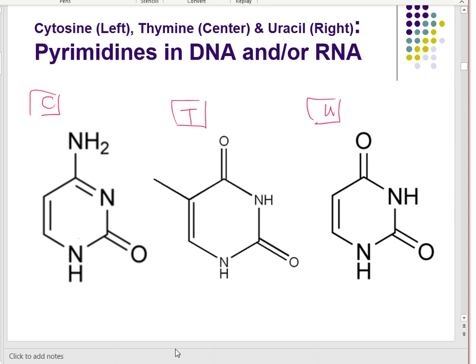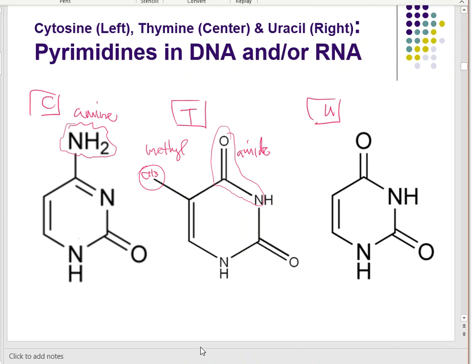So what are the differences? Well, of course, this one has another amine group. And if we look at this one, this is a C double bond O on a nitrogen, and this is our amide functional group again. And we also have with it a methyl group. That's understood to be a CH3 right there.